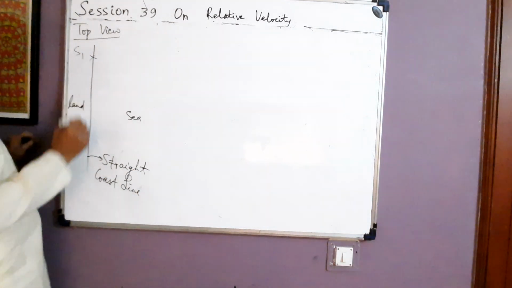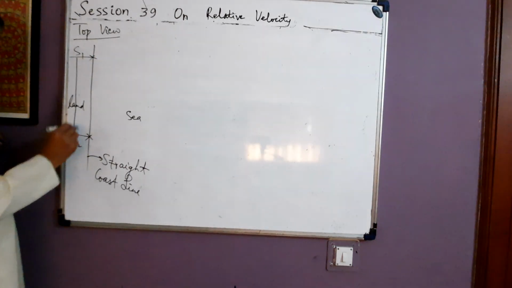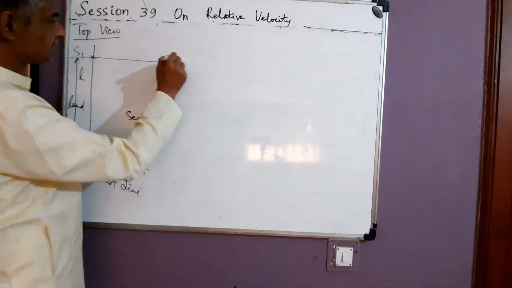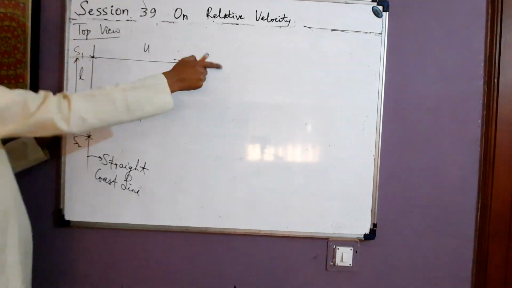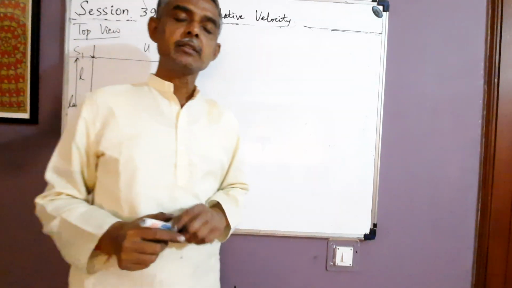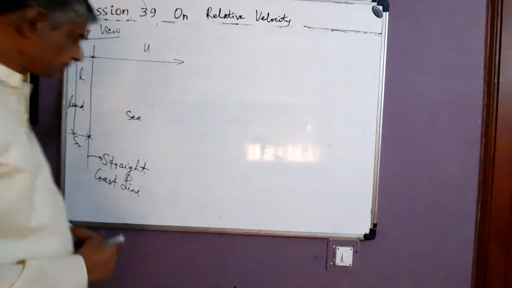Initially S1 is here, S2 is here. Separation between two ships is just equal to L. Now S1 begins to move at a constant speed u, normal to the straight coastline, and S2 moves at a constant speed v, such that at any instant of time, velocity of S2 is directed towards S1.